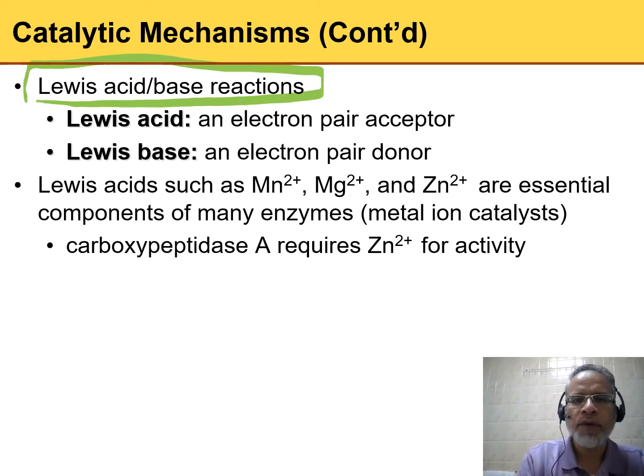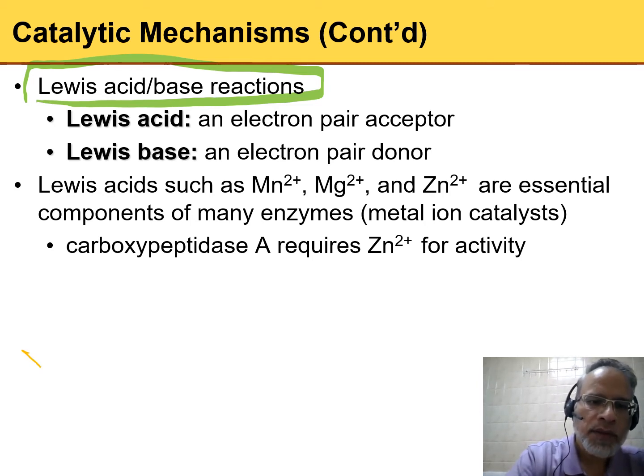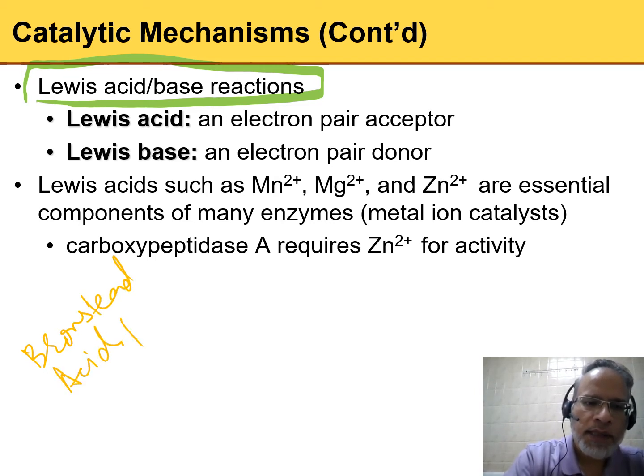If you remember from General Chemistry 1, acids are proton donors, and bases are proton acceptors, and they are what's called Bronsted acids and bases. So these are proton donors or acceptors.